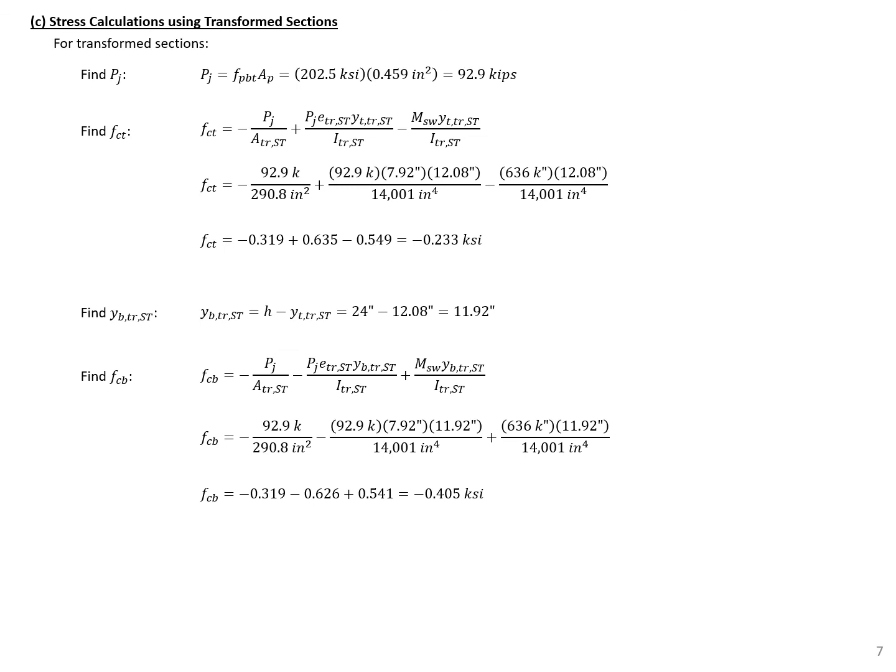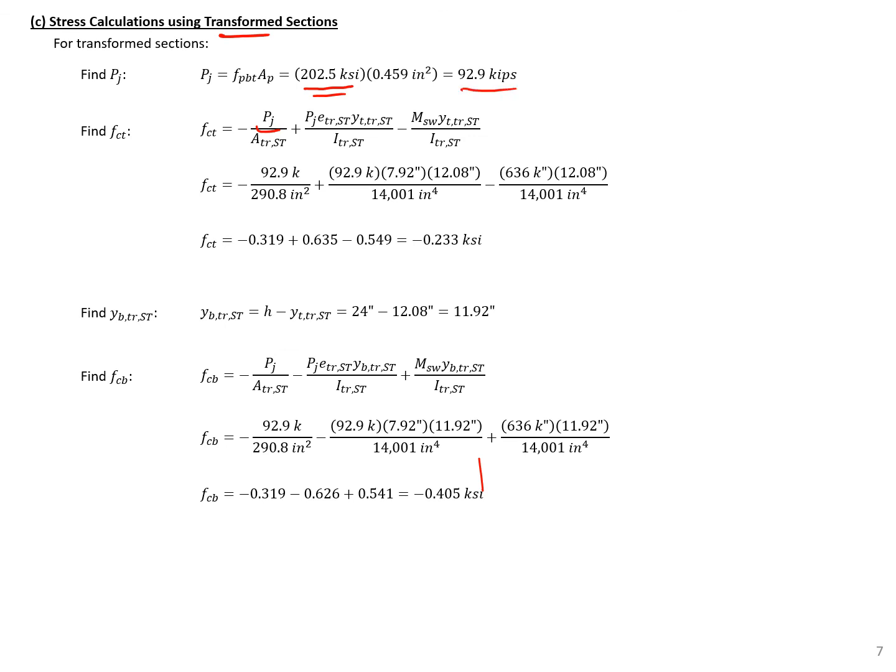We can do the same thing with our transform section. And here, just note that when we're using our transform section, we need to use the force in the strand and the stress in the strand before elastic shortening losses. So here we're using the strand stress before transfer, f sub pbt of 202.5. So wherever we had our strand force before, we need to make sure we're using the right force there.